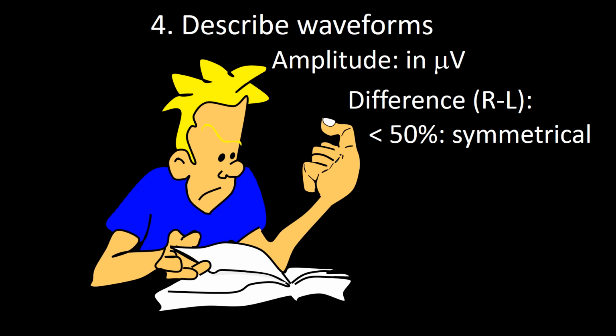In general, an asymmetry from side to side of less than 50% is considered not pathological, and therefore it is talked about as being symmetrical.